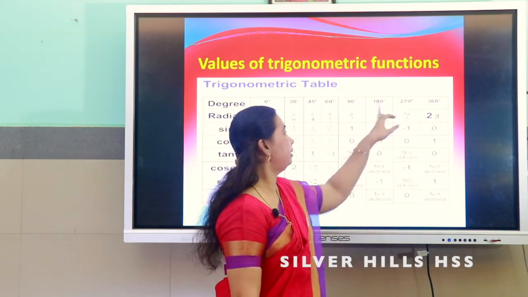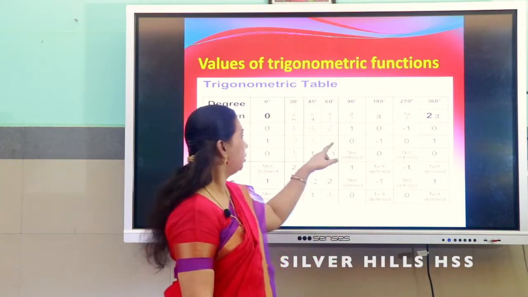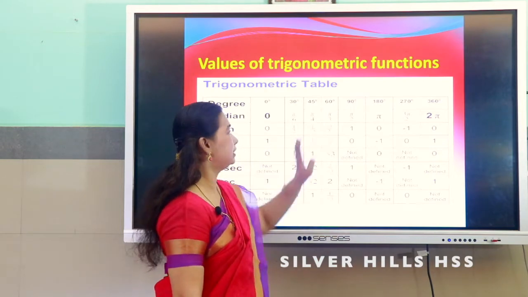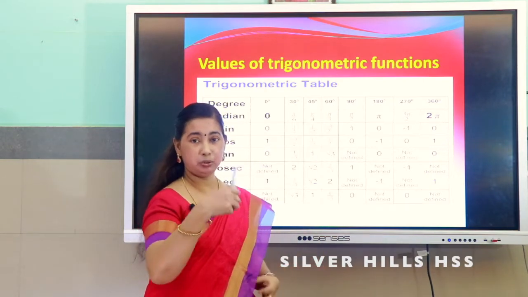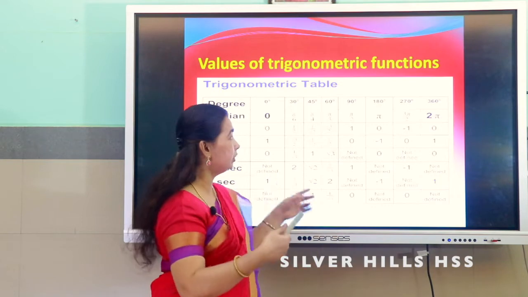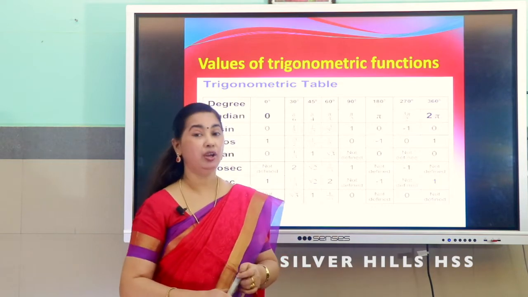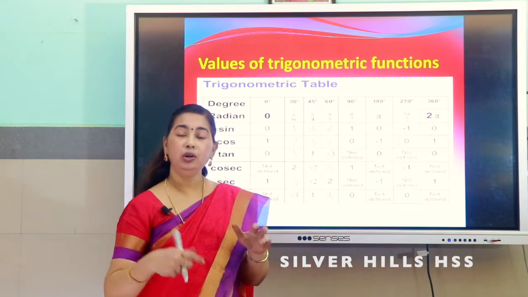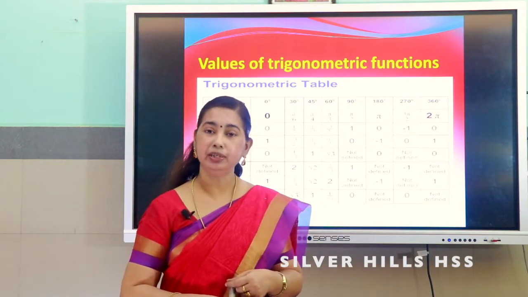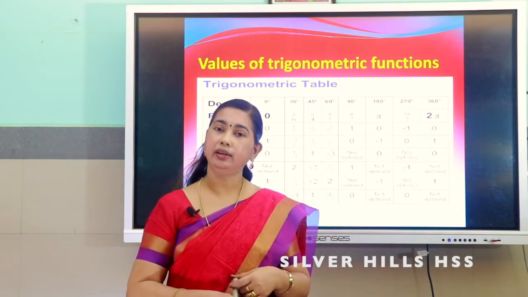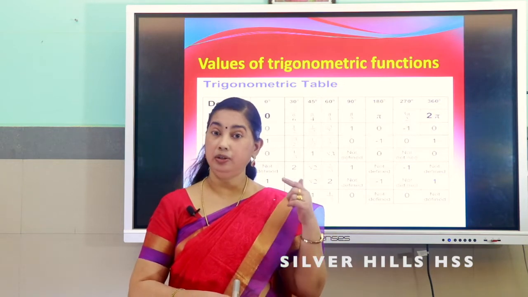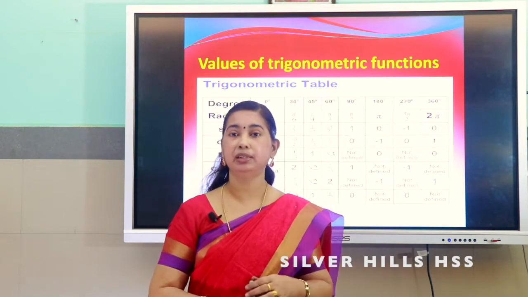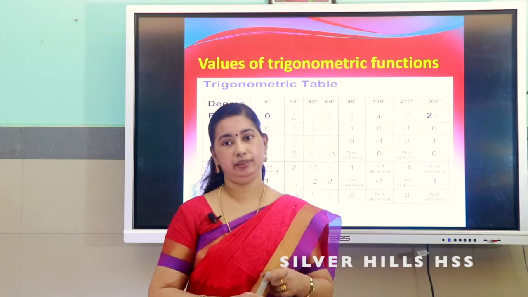Cos 270 means 3 pi by 2, cos 90 means pi by 2. Pi by 2, 3 pi by 2, next it will be 0 for 5 pi by 2. What does this mean? It means that all odd multiples of pi by 2 become 0 in the case of cos, and all multiples of pi become 0 in the case of sine.